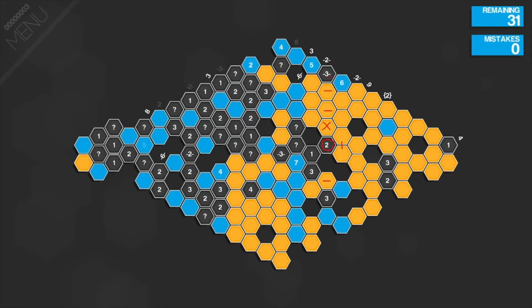To satisfy this 3, this would have to be a bomb. To satisfy this 3, we'd have 1, 2, this would have to be a bomb. And looking at this column of 9, we have 1, 2, 3, 4, 5, 6, 7, 8, 9, 10 cells within that column. Since this one would be open if they were a bomb here, all the rest of the cells would need to have bombs in them to be able to satisfy that 9.